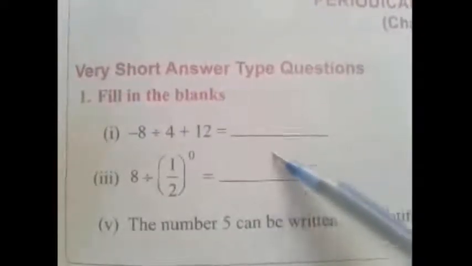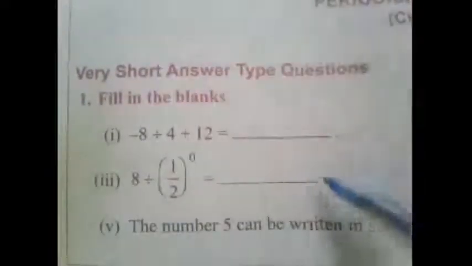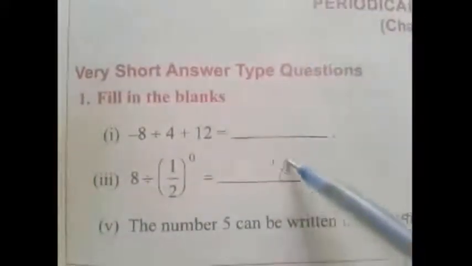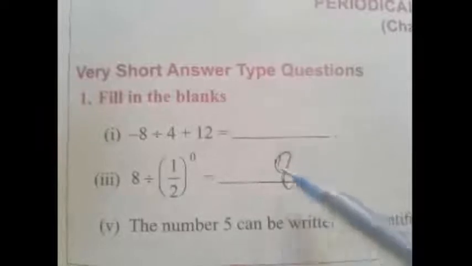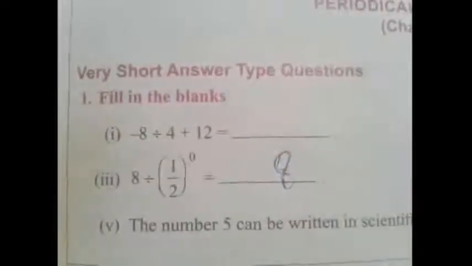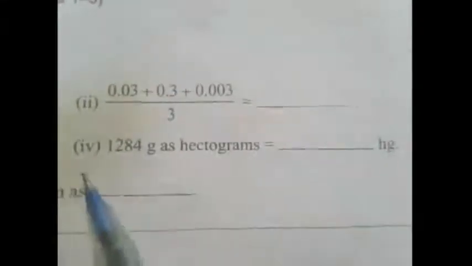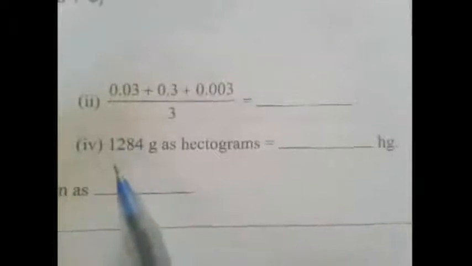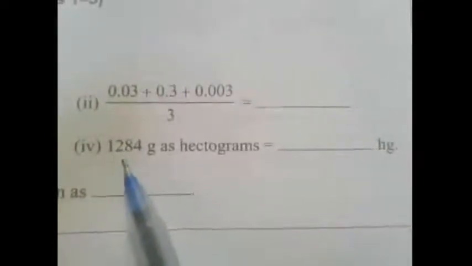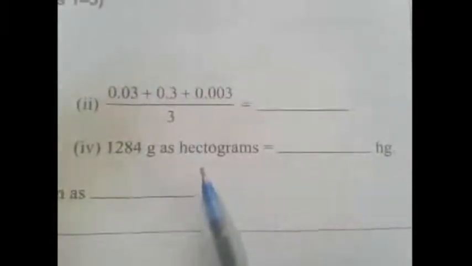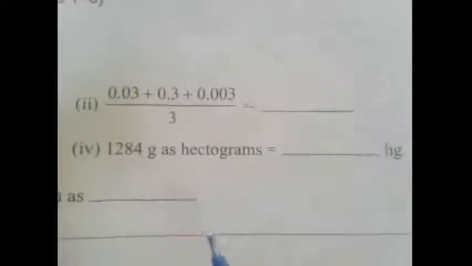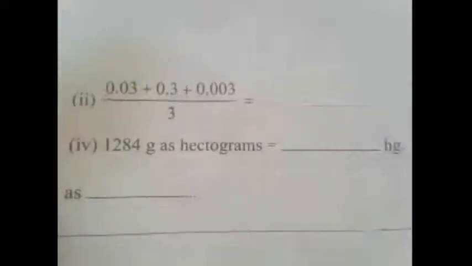So here we have to fill 8 is the correct answer. Question number 2 and 4 we have to do as your homework, and let us see the next question.